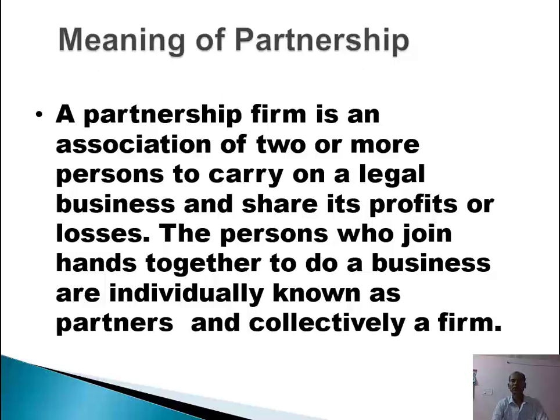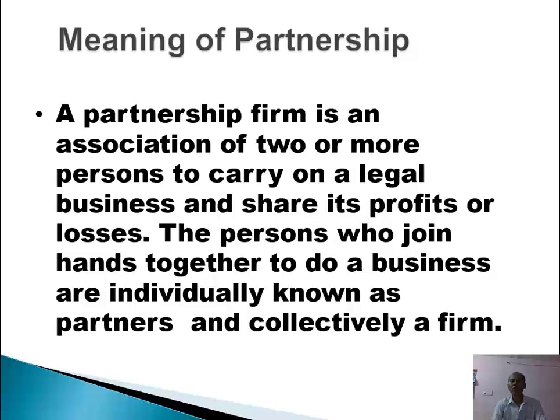So, a partnership firm is an association of two or more members. And also, that partnership firm should perform the functions of the business on legal basis.